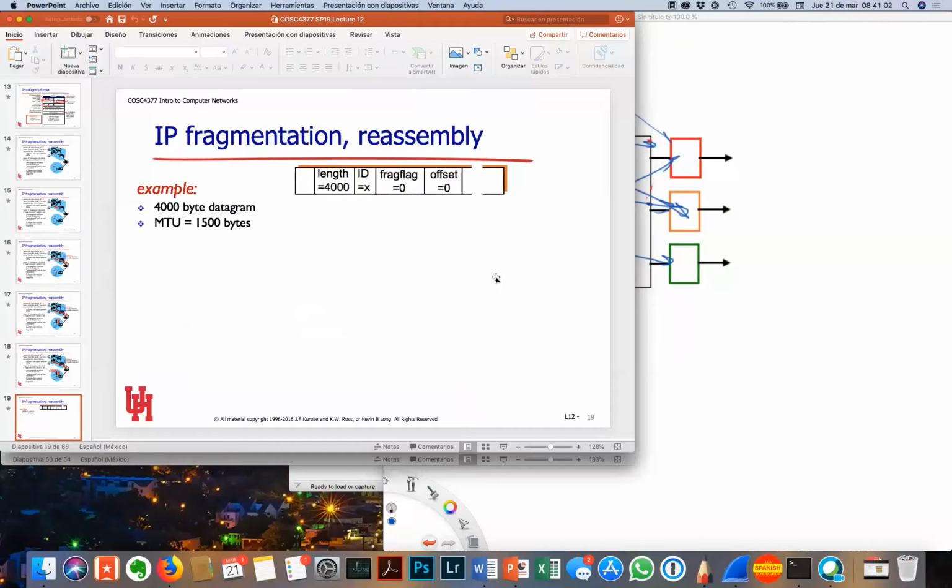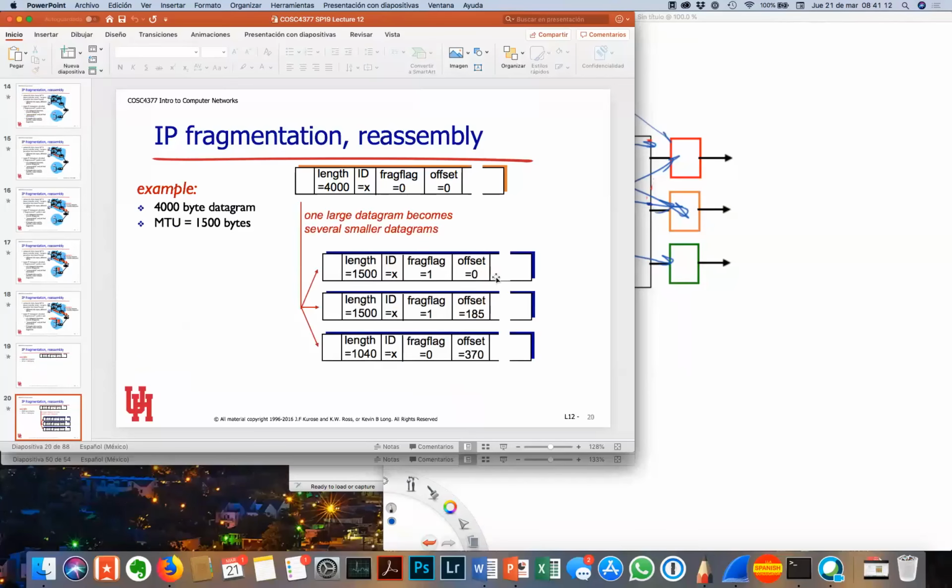All right, so here's a 1500 byte MTU network that I'm showing up at with a 4,000 byte packet. Not going to work. Going to have to split it up. So I can handle 1500 bytes, so the total length is 1500, but 20 of that's going to be IP header. So how am I going to divide this thing up? What I'm going to basically do is have 1480 bytes in my data field and 20 bytes of header.